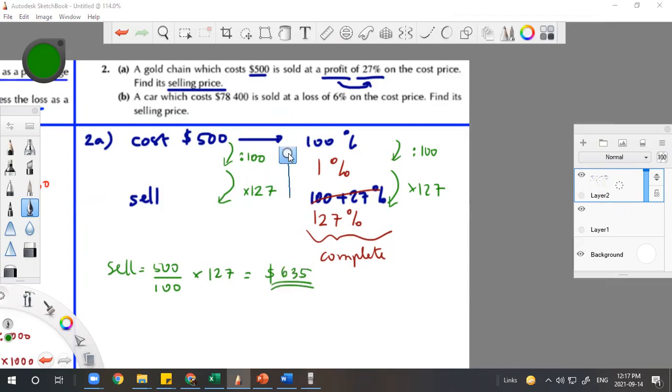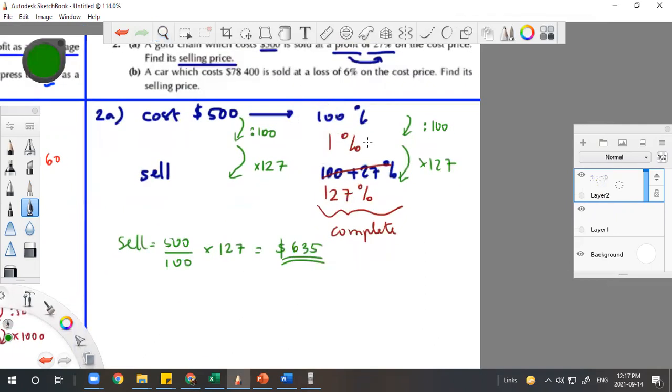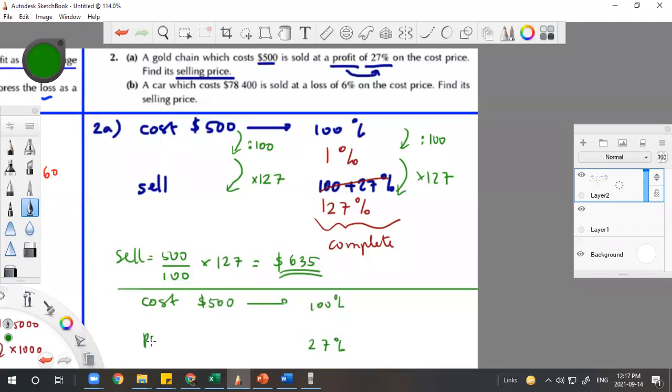But when someone asks, how about if I calculate the profit first? I don't want to calculate the 127. No problem. Let's see the cost. So this is the other way. 500 representing 100%, and I want to find the 27% first for the profit. Okay, so again, put 1 here. So you have to divide by 100, and multiply by 27, as well as this part.